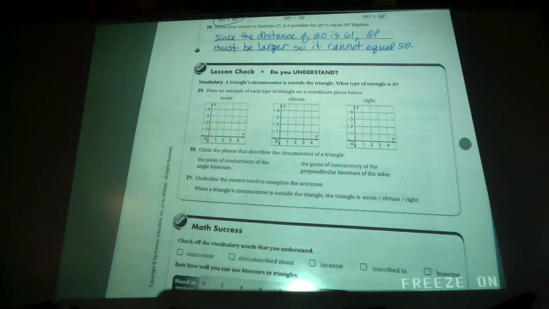The last question is interesting. Use your triangles above to try to figure it out. And then I want you to discuss with those around you what you feel the answer is.